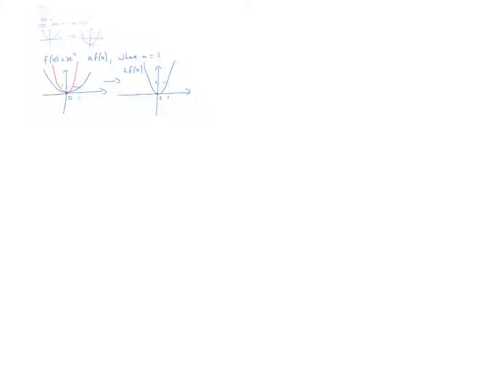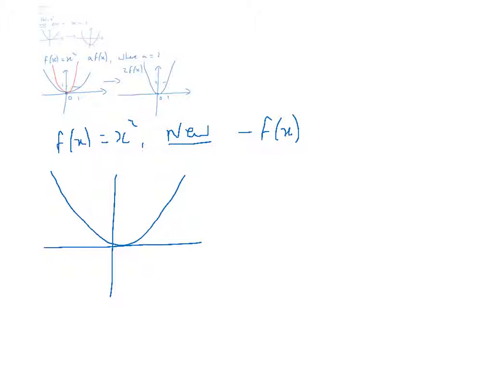So let's then look at our final y transformation. So again, we'll take our original f of x equals x squared. And now we're looking at our new rule, which is minus f of x. So the original looked like so.